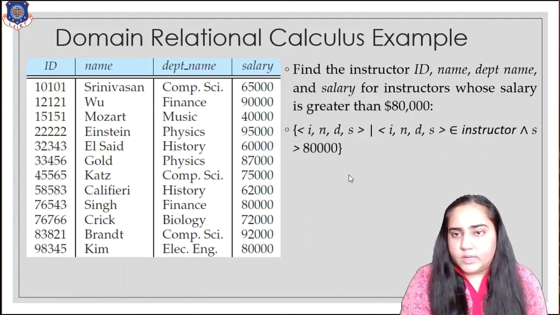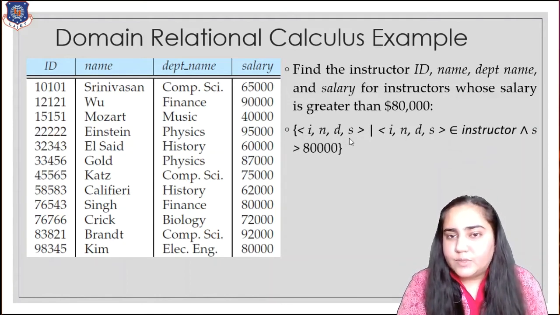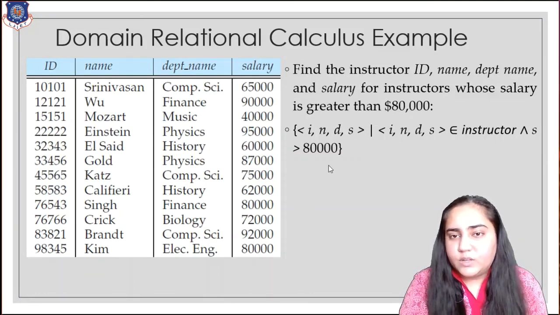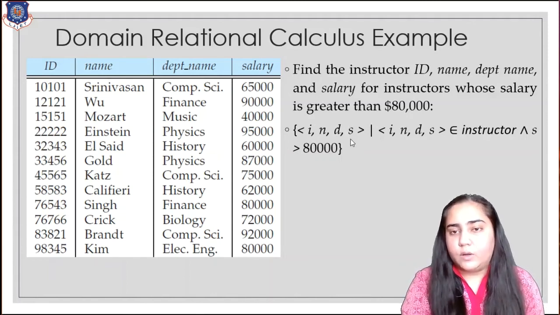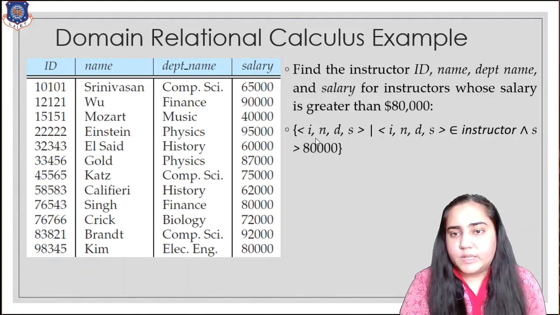So this is what it looks like. Now, we do not need to write the domain names as they are present here because we are using variables. So instead of ID, I'm just writing I. Instead of name, it's just N. Instead of dept name, it is D. And instead of salary, it is just S. So you don't have to specify the whole name of the column because these are just variables that represent the columns.